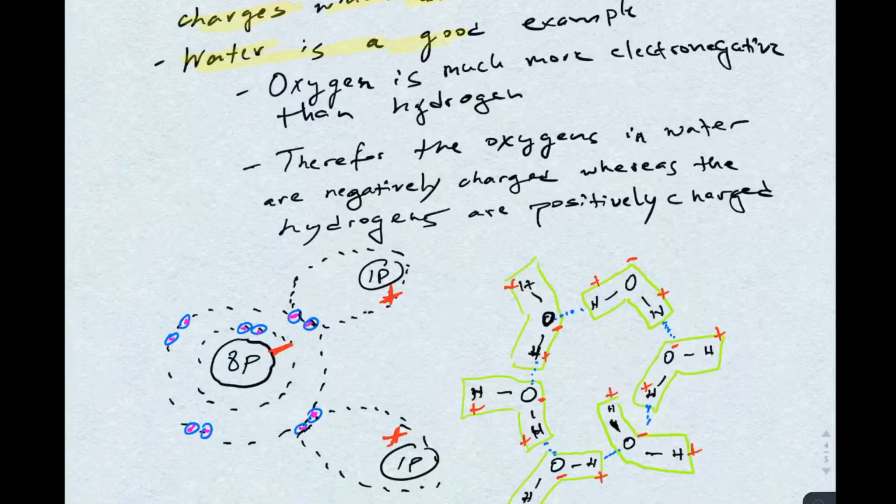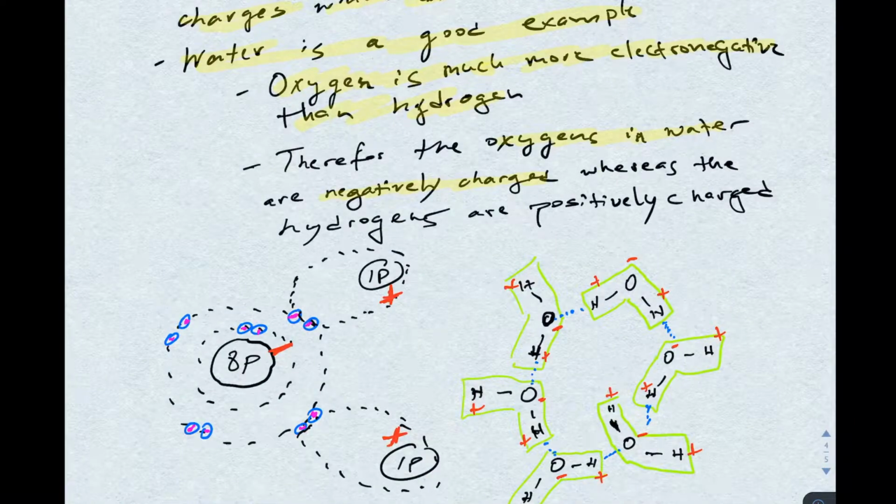Water is a good example. Oxygen is much more electronegative than hydrogen. What does this mean? This means that when we have a water molecule of oxygen and hydrogen covalently bonding, the oxygen in that water molecule will pull the electrons closer to it and therefore will create a negative charge on the oxygen.